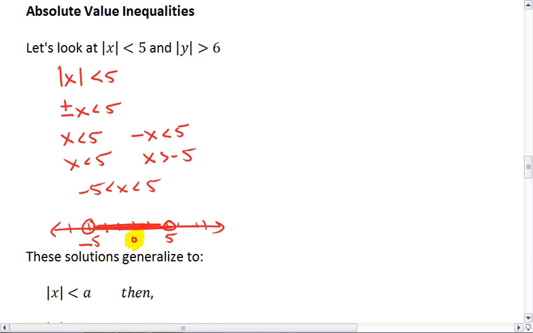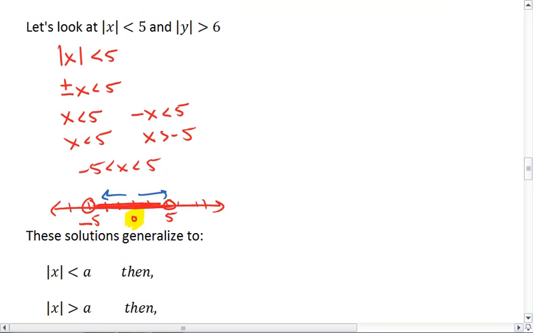So our distance from 0 needs to be less than 5 units, which means we can move anywhere from 0 to 5 units to the right, or anywhere from 0 to 5 units to the left, but we can't actually move a full 5 units, and we certainly cannot move more than 5 units.